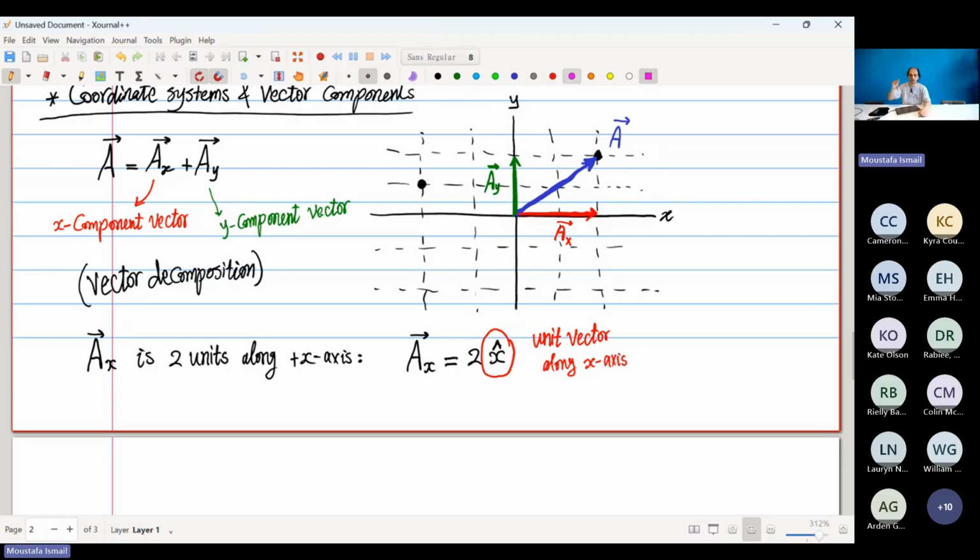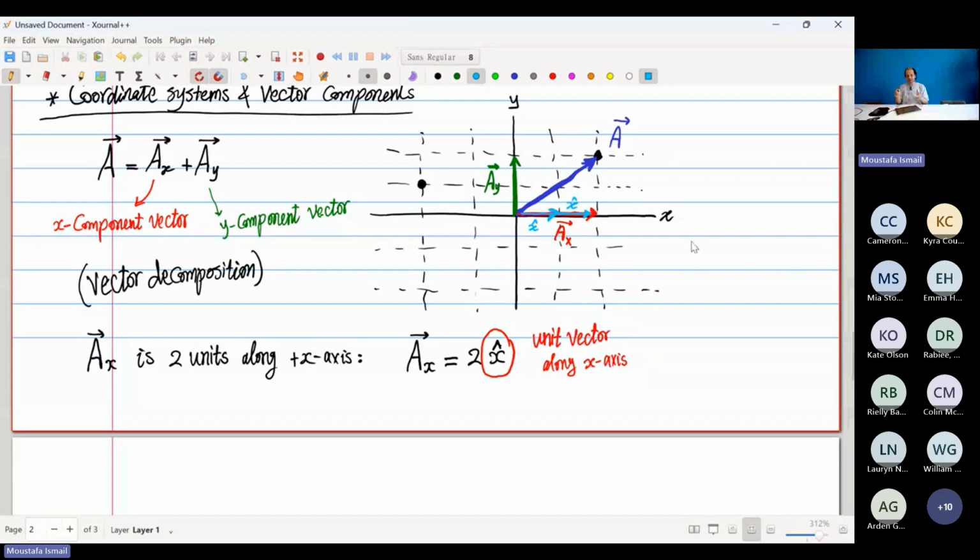So in this case, this is x hat, and this is another x hat. So 2 of x hat will make up AX.